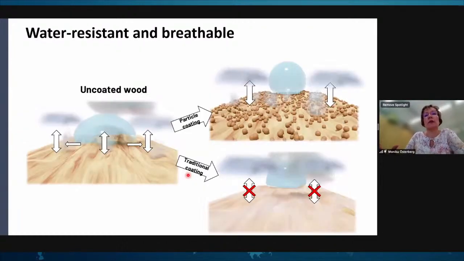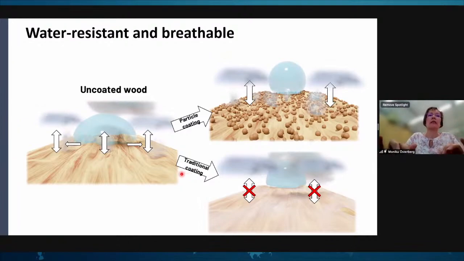And just how it works, the good thing with unmodified wood is that it's moisture buffering. So when there are a lot of people in a room and the air becomes a lot more moist, it can absorb the moisture, and then when it's drier, it can release the moisture again.